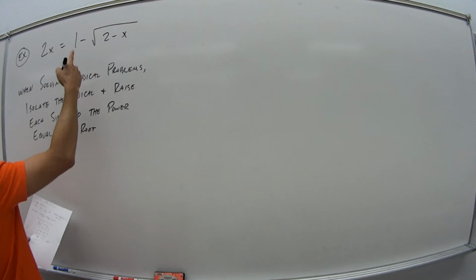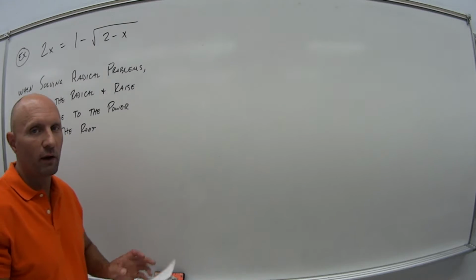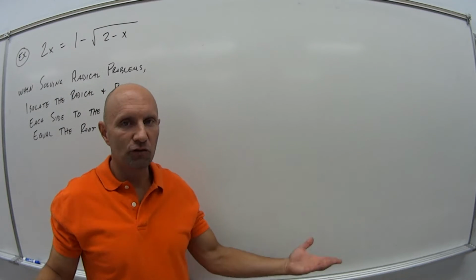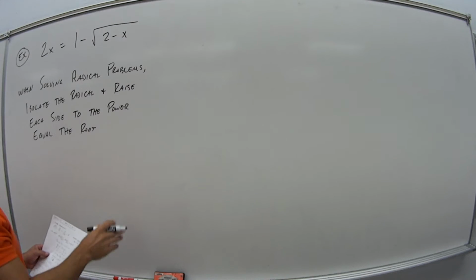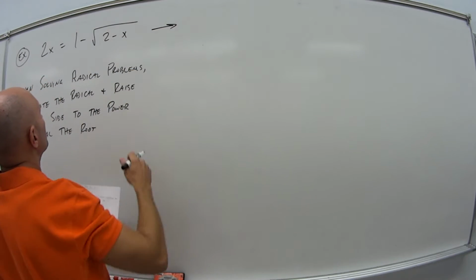So in this case, because I have a square root, I'm going to get the square root piece by itself and then square both sides.